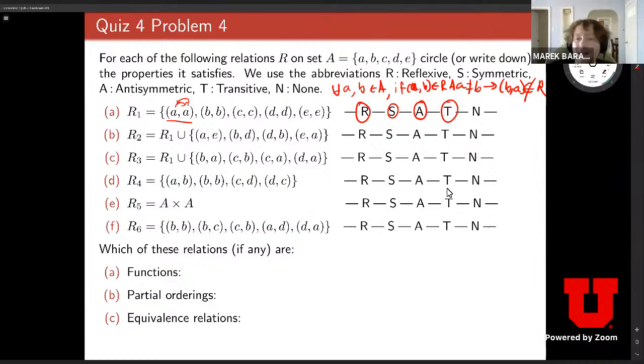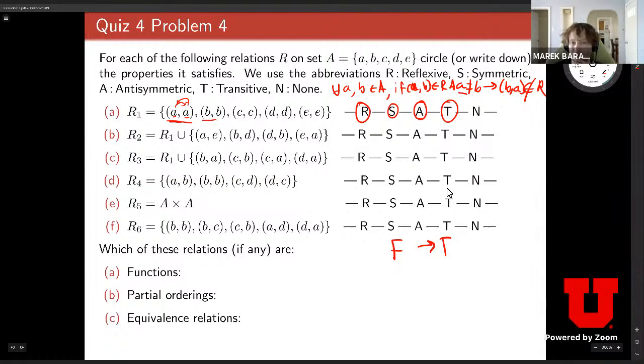Okay, so the anti-symmetric is only about elements that aren't equal to themselves. We don't have any such elements. So basically what we have is false implies true for every element in here, right?